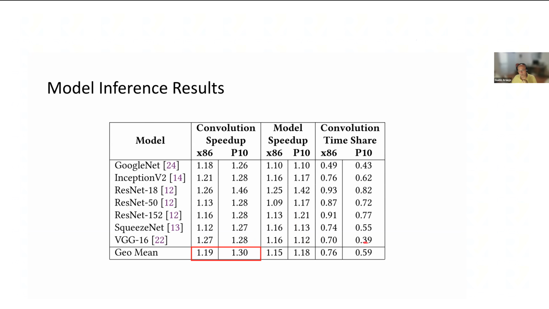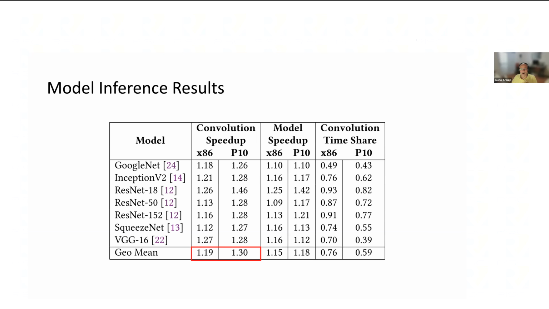For the POWER10, the share of the convolution is only 40% of the whole execution time for that model. So you get improvements for convolution, but the rest of your model implementation, the ReLUs and all the operators, should be well implemented. Otherwise, we're not going to have the impact of improving convolution.